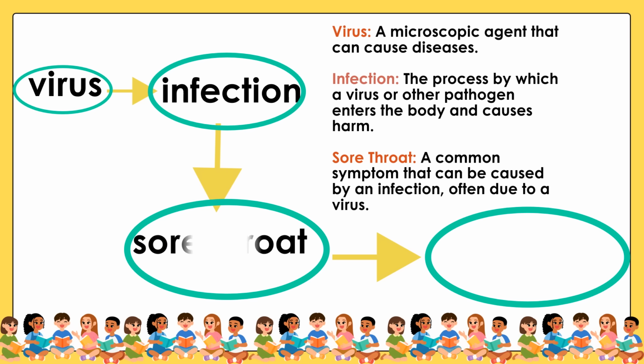And next we have the sore throat. Sore throat is a very common symptom that can be caused by an infection. This is often due to a virus. And that's when our immune system will react.